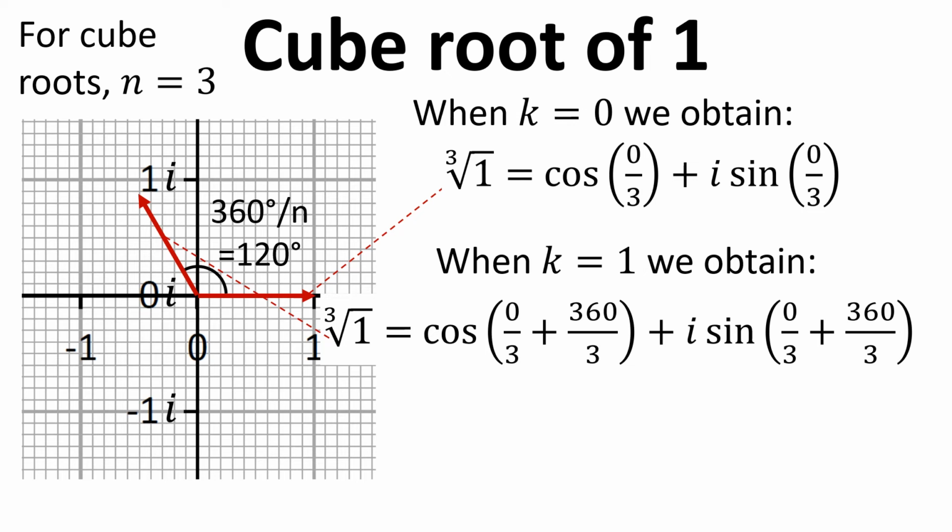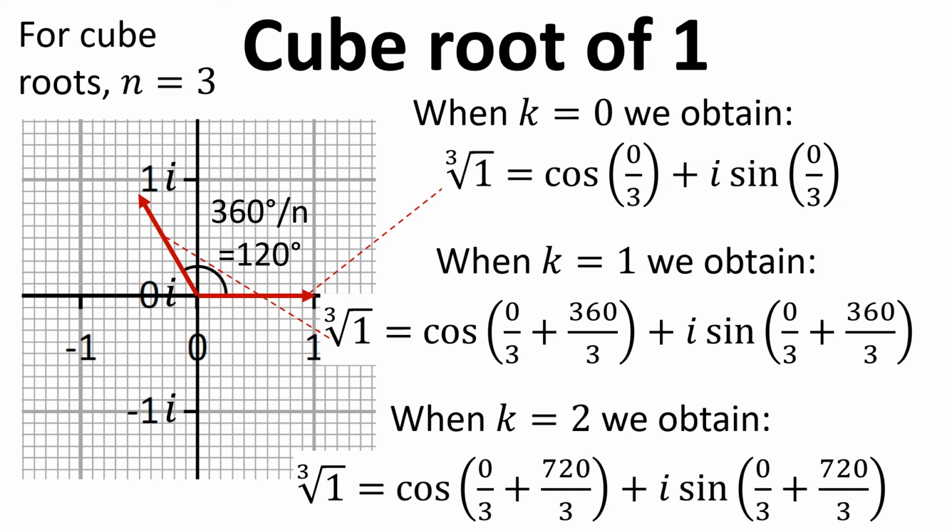This one is again a magnitude of 1, but it's 120 degrees anti-clockwise round from the original root. And then when k equals 2, we go another 120 degrees round anti-clockwise and we get another cube root of 1. Okay, so again I've left these zeros in, divided by 3. Obviously you don't really need that, but I'm using it to illustrate a point at this stage.